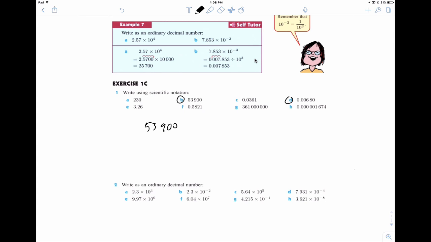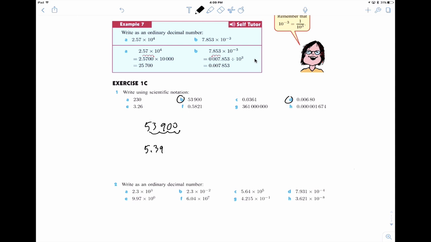The way this works quickly, and then I'll explain a little more slowly why it works, is we move the decimal place to be between the first two digits, in this case between the 5 and the 3. So we move the decimal point 1, 2, 3, 4 places to get 5.39.